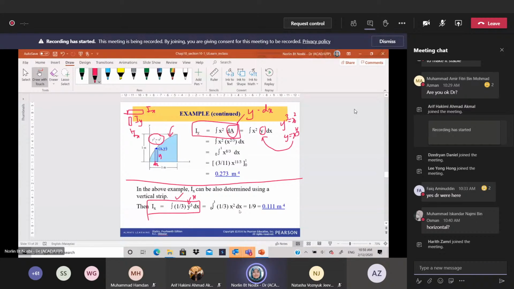So you do the integration and then you will get 0.111 meter power 4. You can check back, is it correct or not? If you just use this kind of solution, or you choose 1, you can check it.